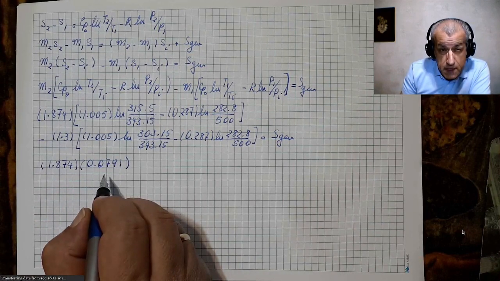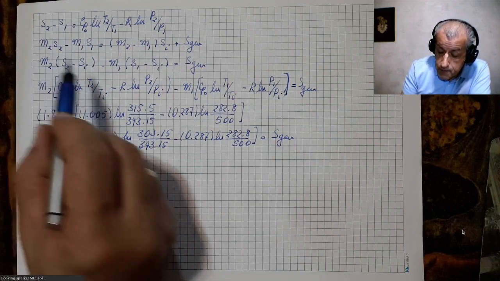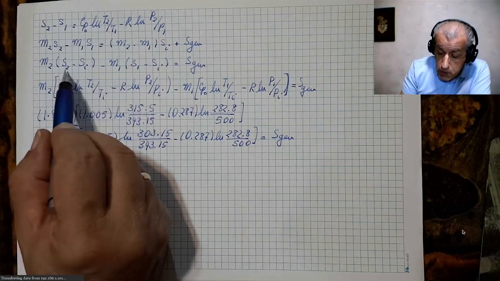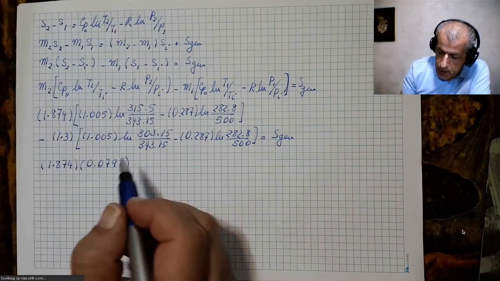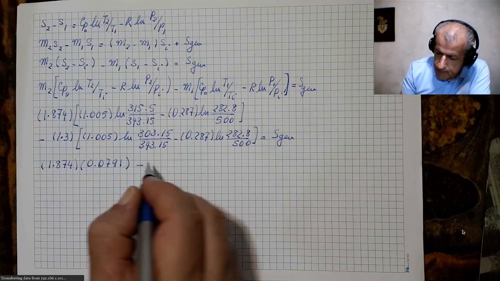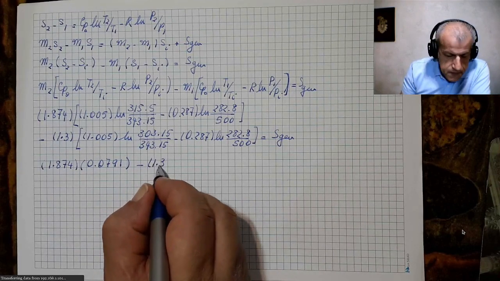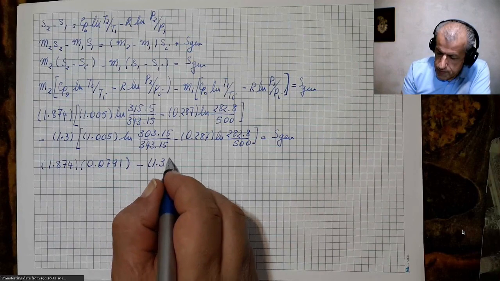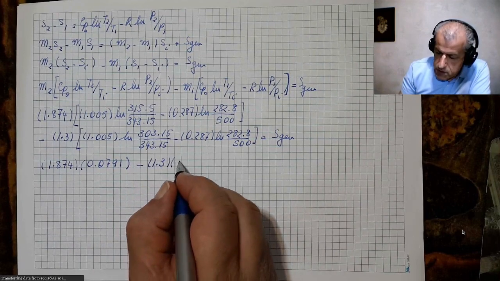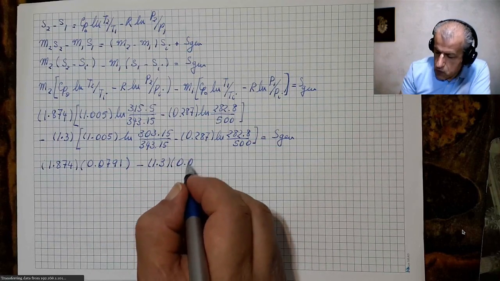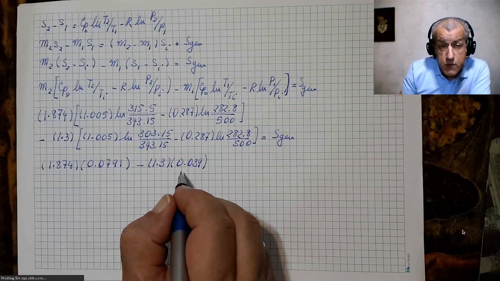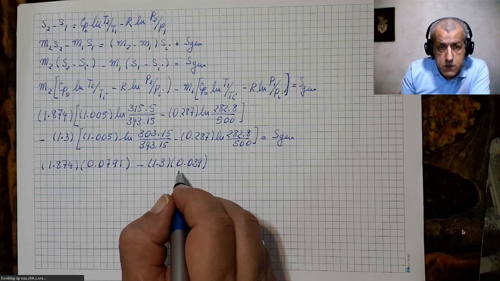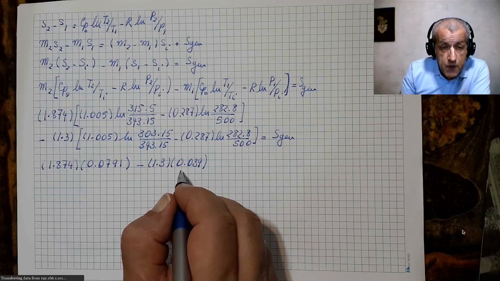This means that the entropy for 2 is larger than entropy for I, minus 1.3 times 0.039, which means that entropy for 1 is also larger than entropy for I.